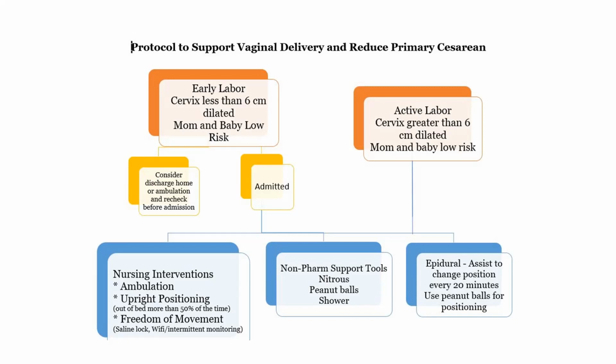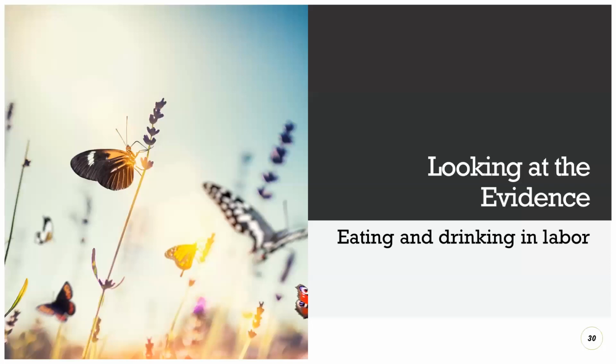We know that that increases the chance of the baby getting into the best position for delivery and decreases our chance of having a baby that is in a malpresentation, which lengthens both labor and delivery. And malpresentation is one of the biggest risk factors for primary cesarean section. They go together. Okay, let's unpack that eating and drinking in labor.